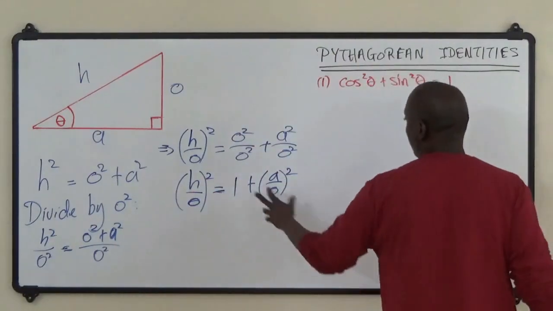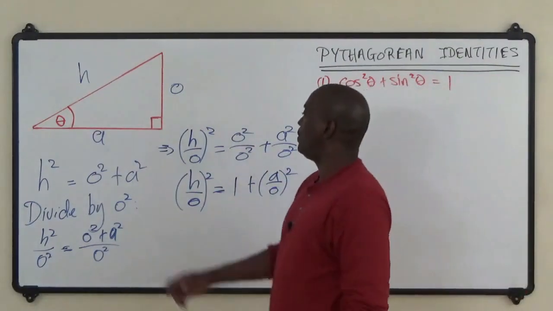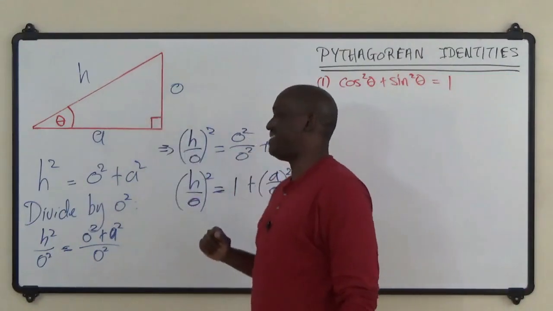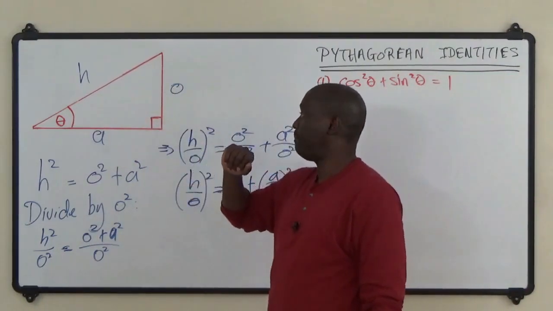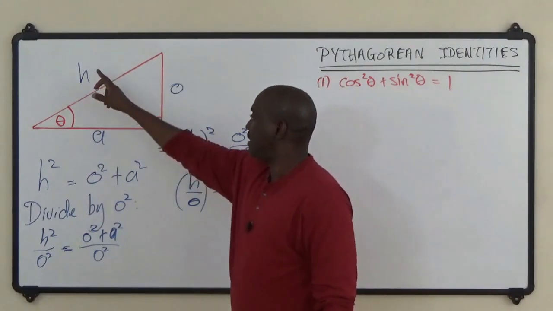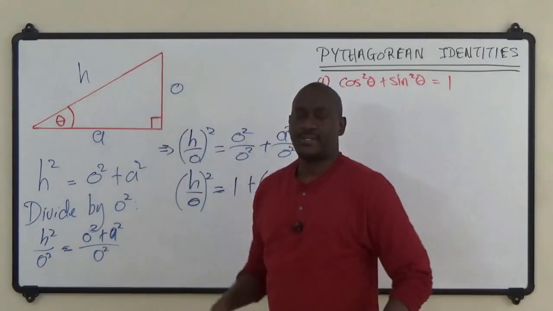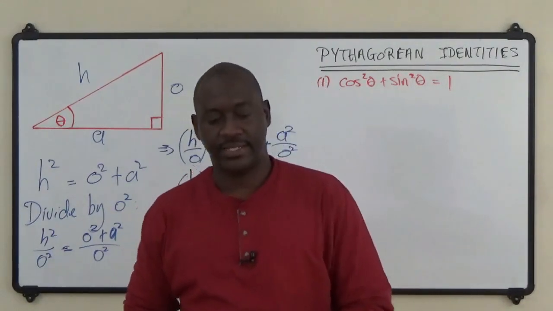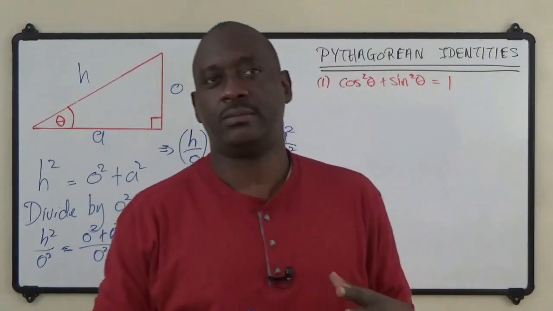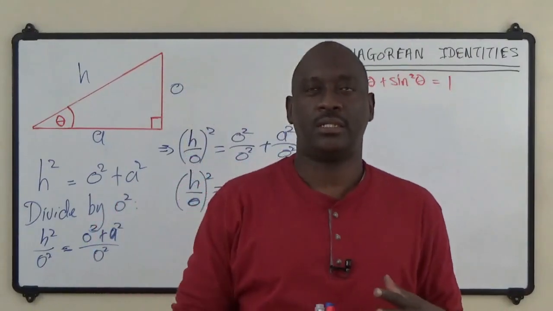All right? So h over o. We know that o over h is the sine of theta. Right? Which means that h over o is something else. h over o is 1 over sine theta, right?